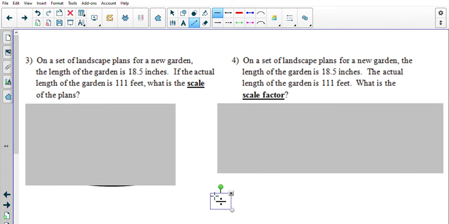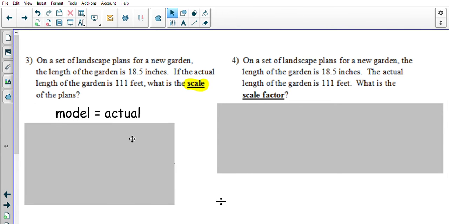You can see my random division symbol that I was copying down here as well. So number 3, on a set of landscape plans for a new garden, the length of the garden is 18.5 inches. If the actual length of the garden is 111 feet, what is the scale of the plans? So again, it's asking us for the scale, so that's going to be model equals actual. We know that on the plans, that happens to represent our model.